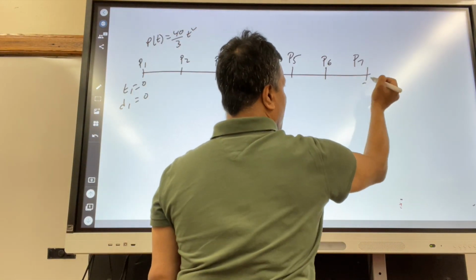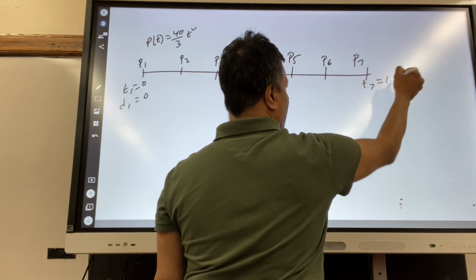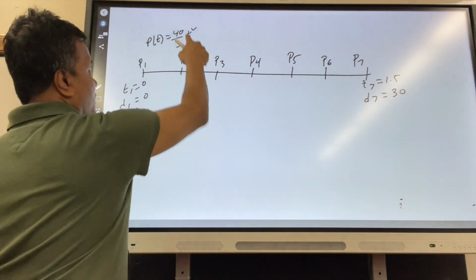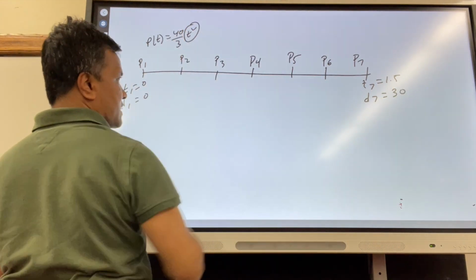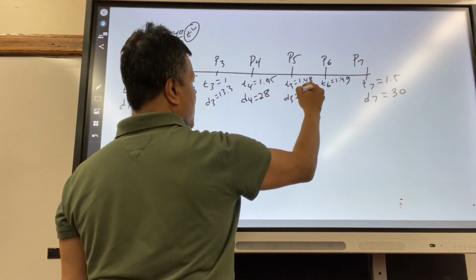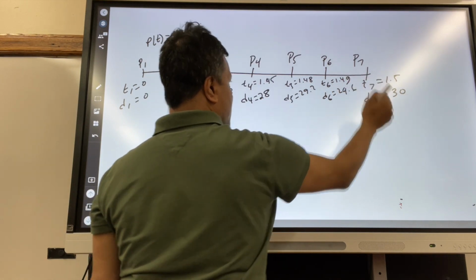Point 7: t7 is 1.5, d7 is 30. If you put 1.5 here, it gives you 30. Very nice. So t5 and d5 would be 29.2 and d6 would be 29.6.